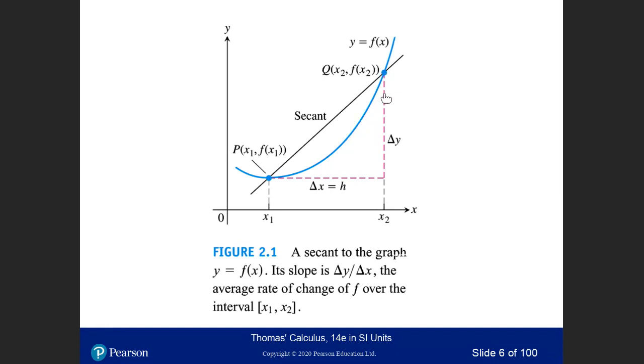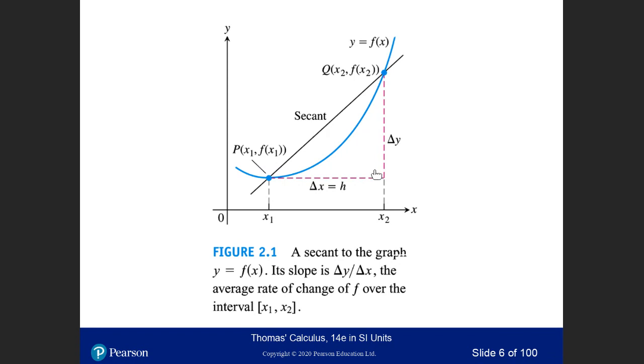Now, you take the ratio of delta y over delta x. Any 2 points on a curve, if you join them by a line, this is called a secant line. Now, the ratio actually gives you what? The slope of the secant line.